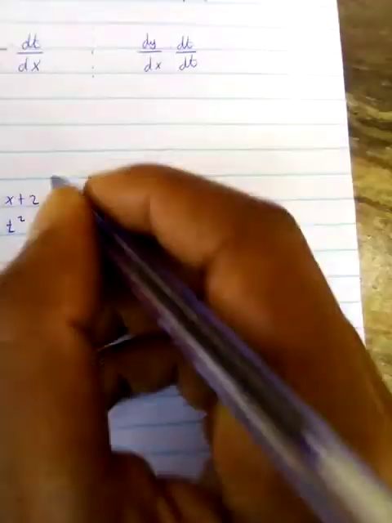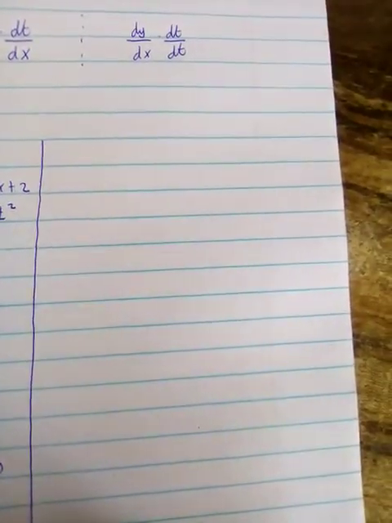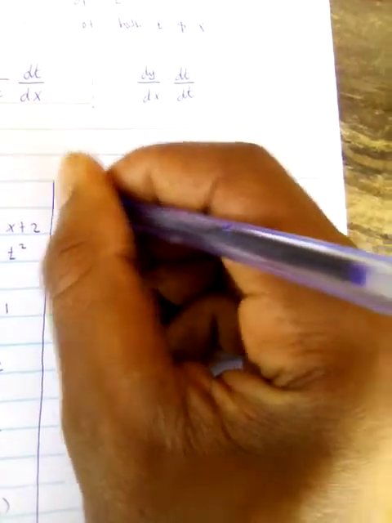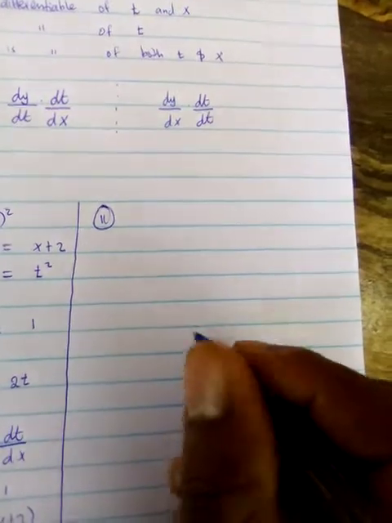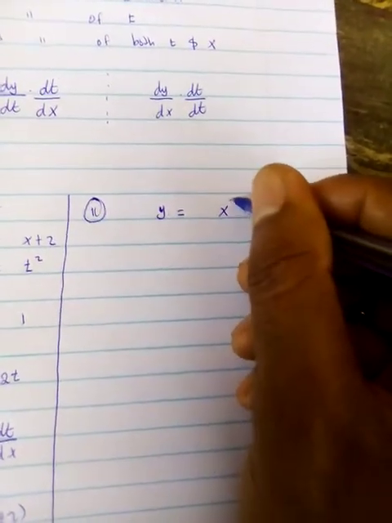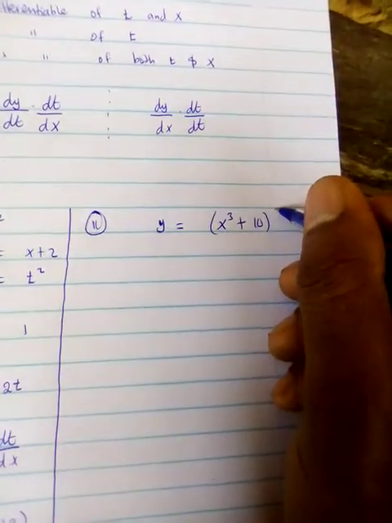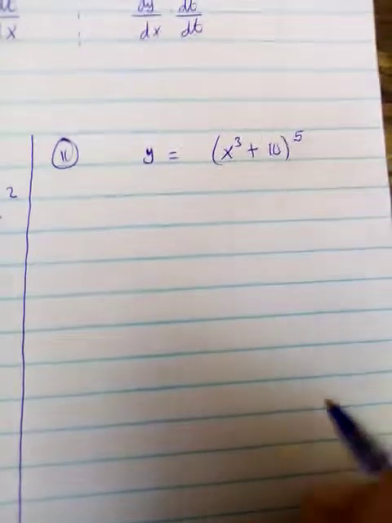So without wasting space, let us economize here a bit, and we put our question 2. Let us choose y equal to (x cubed plus 10) to the power 5. This one is a nice one.